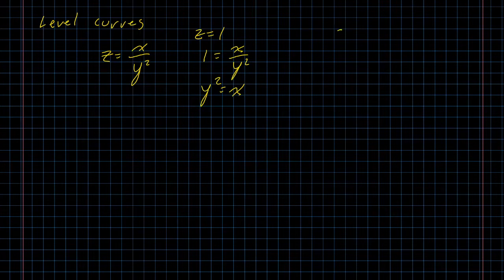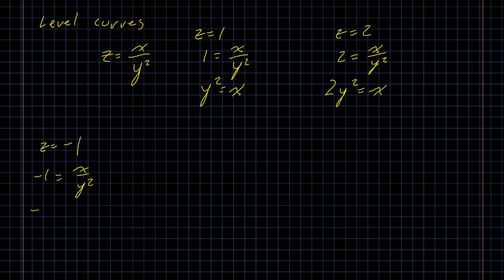We can look at what happens when z is equal to 2, which gives us that 2 is equal to x over y squared, or 2y squared is equal to x. And I'll also look at z equals -1, which gives us that -1 is equal to x over y squared, or the opposite of y squared is equal to x.